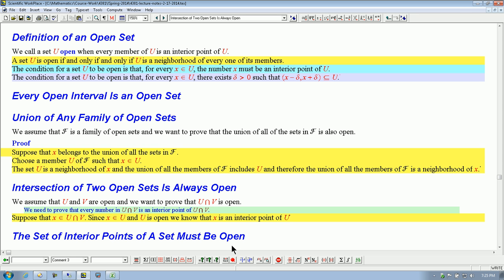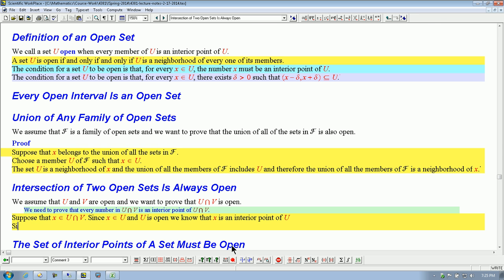Because x is an interior point of U and x is an interior point of V, we know that x is an interior point of V. If you don't like that, write it out.